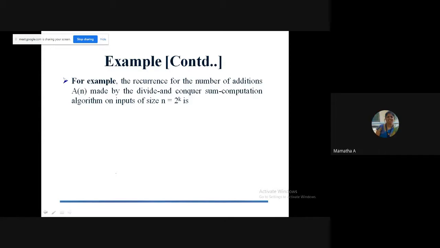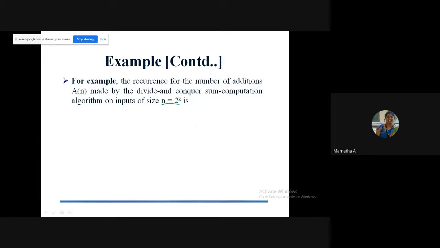So the recurrence for the number of additions being made, I'll have to set up now, provided, as I told you, I am working on the algorithm whose input is of size n, which is equal to 2 power k. The size is always a multiple of 2, the size is even.